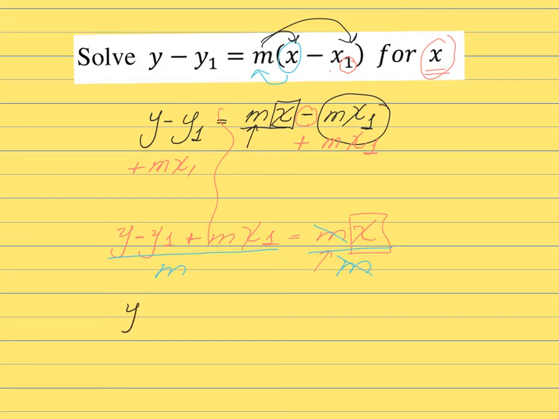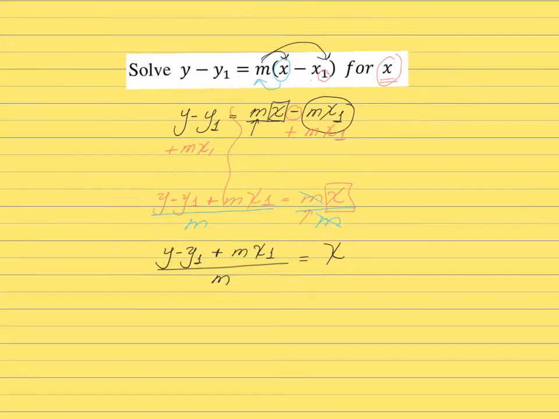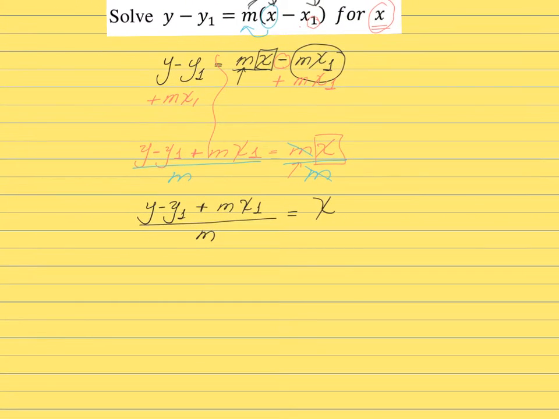I have that the difference in the rise plus the slope multiplied by a number that I know, divided by the slope, is going to be equal to that x that I want. Questions up to there? Okay.